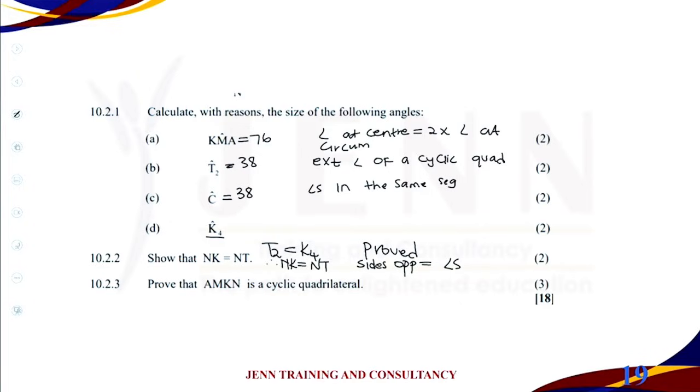Right. Let us now move to question 10.2.3. You are now required to prove that AMKN is a cyclic quadrilateral.